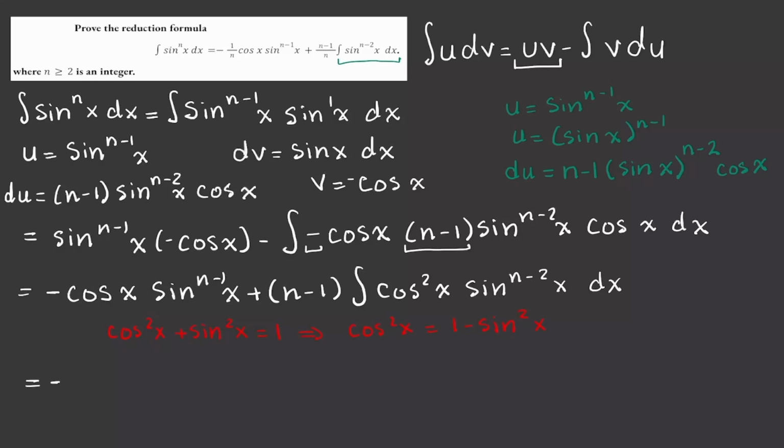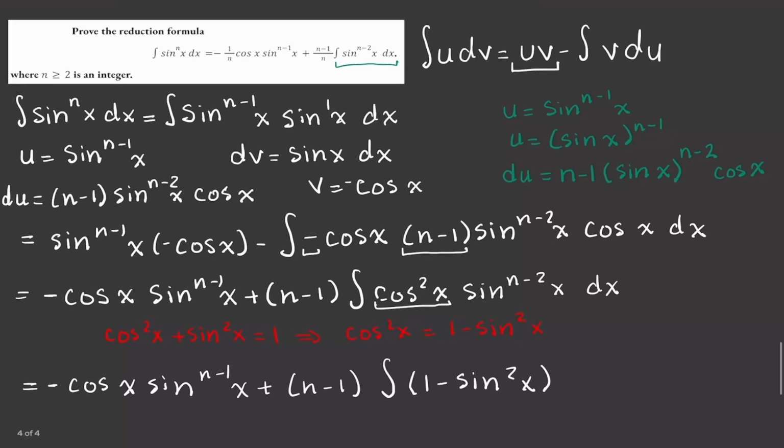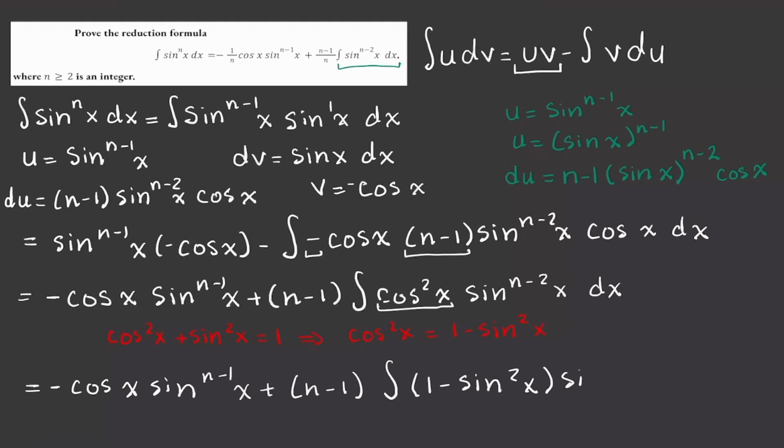So that gives me negative cosine of x sine n minus 1 of x plus n minus 1, the integral. Now in place of cosine squared of x, I'm going to write 1 minus sine squared of x times sine n minus 2 of x dx.